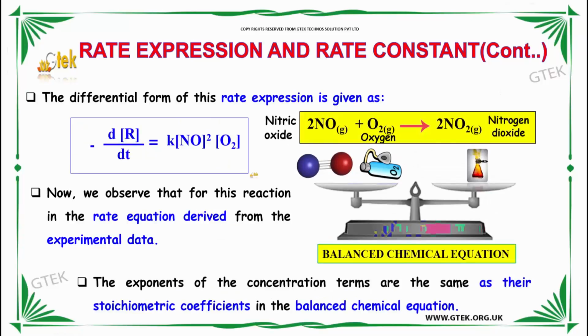We observe that for the reaction, the rate equation derived from the experimental data has exponents of the concentration terms that are the same as the stoichiometric coefficients in the balanced chemical equation. This may happen: 1 here and 1 here.